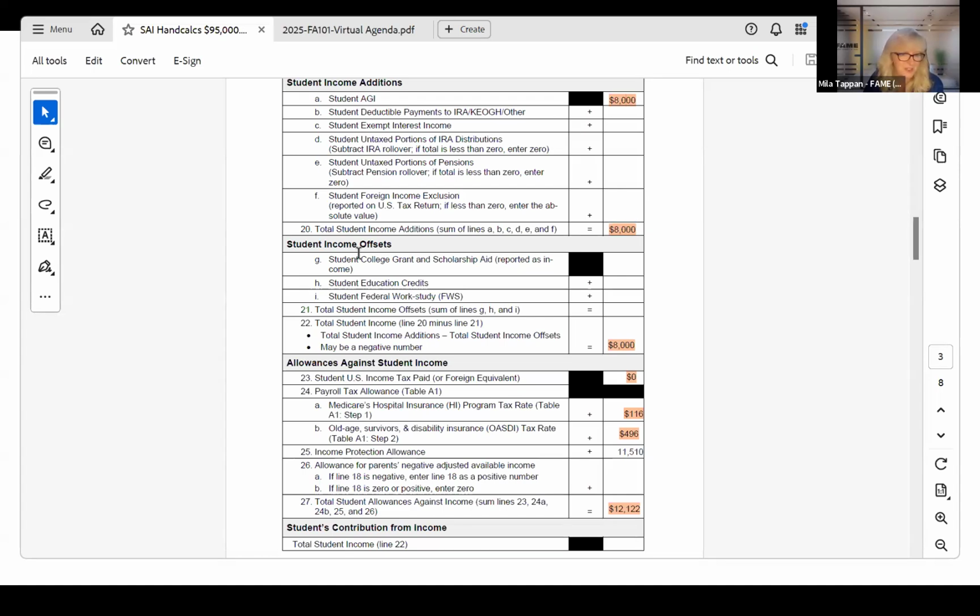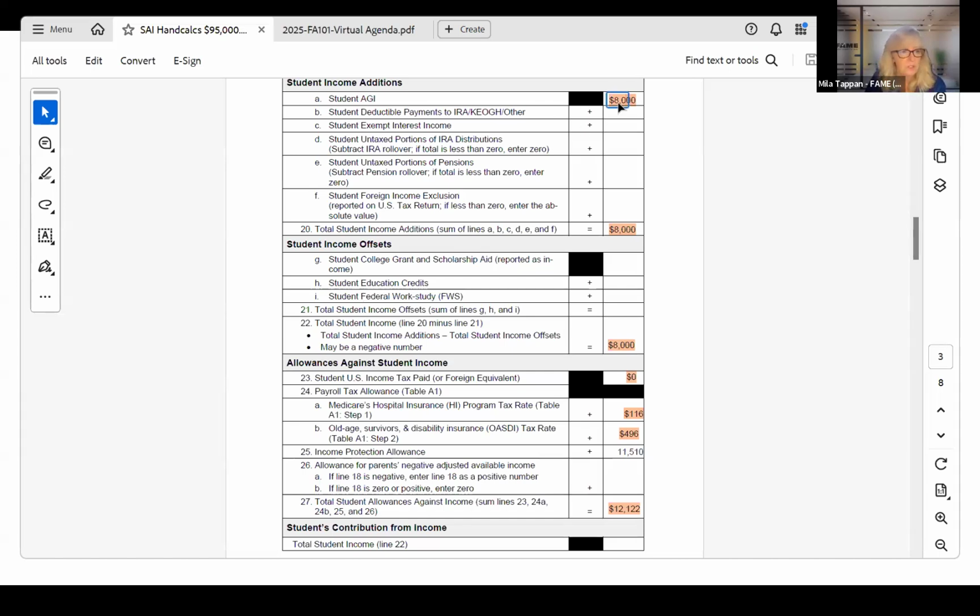An easier way to understand the offsets is when it comes to work study. I didn't use it in this scenario, but let's just say that a student earned $10,000 in a year. And 7,000 of that they earned working in a regular job somewhere, a local business. But $3,000 of their earnings came from work study. Well, we don't want work study to count against a student when they apply for aid the next year.